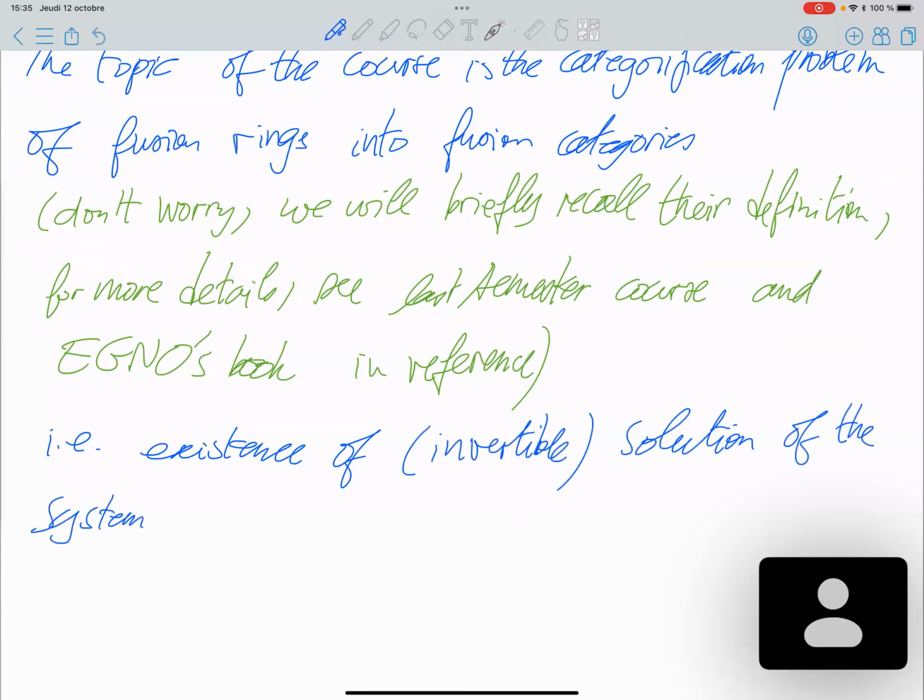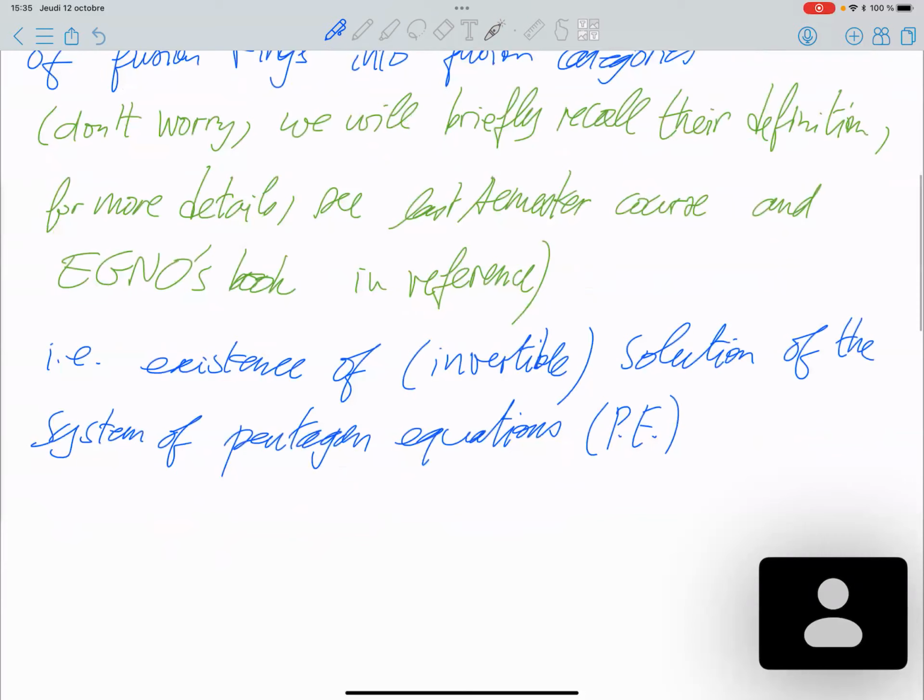So if you remember, the system of Pentagon equation. I will denote the system PE like that.